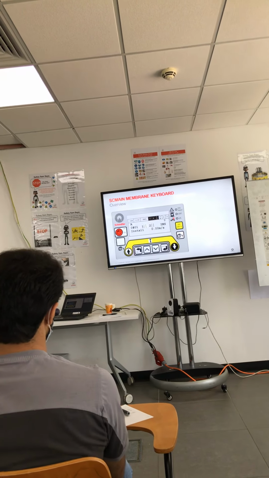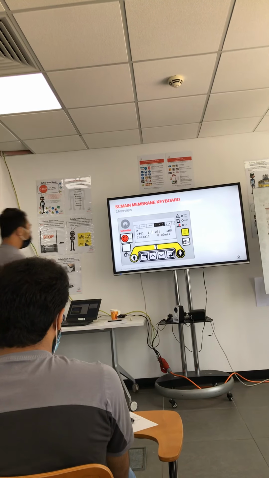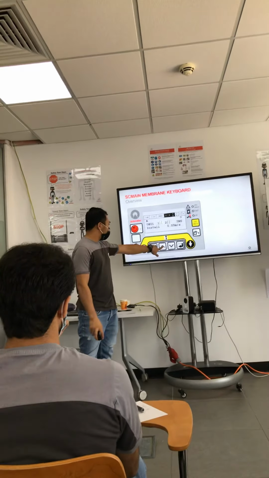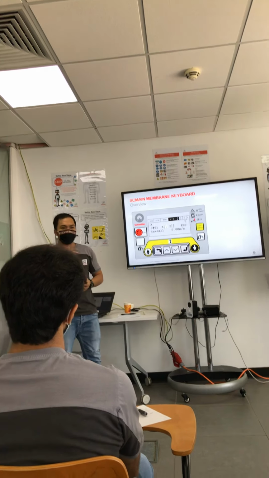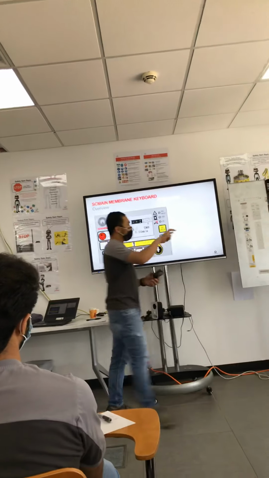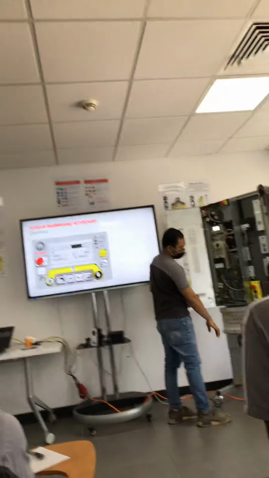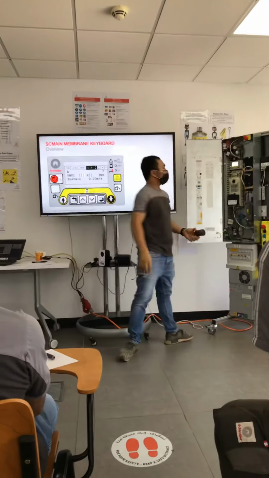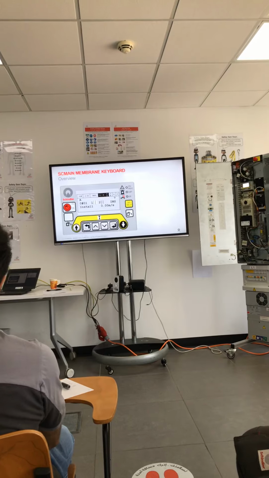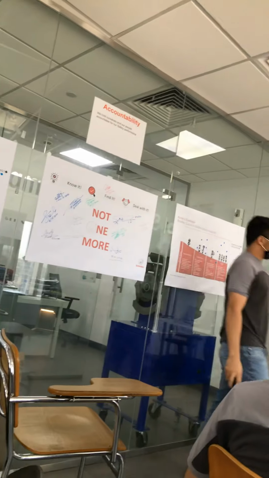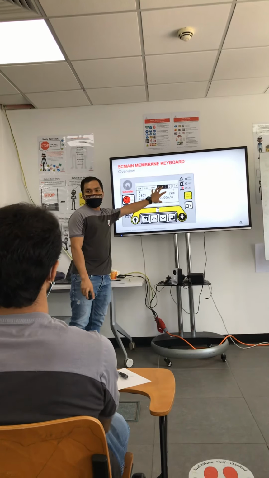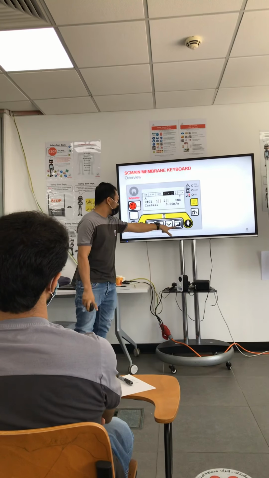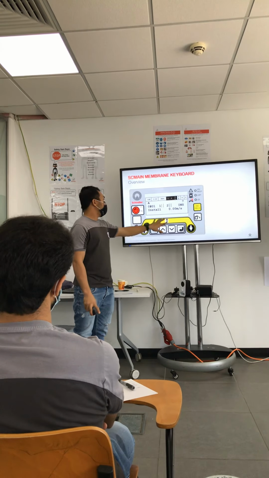Anyway, we have hotkeys, especially here. What do you mean by hotkeys? Like a shortcut button. If I make a car call, I just press this here, boom, car call.